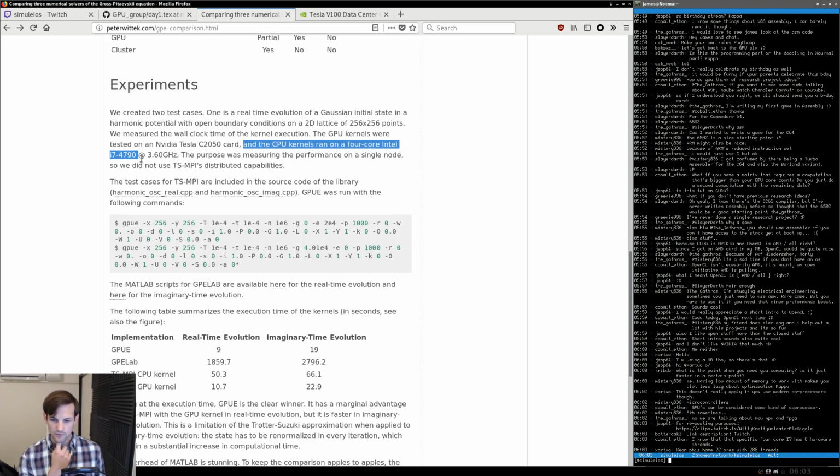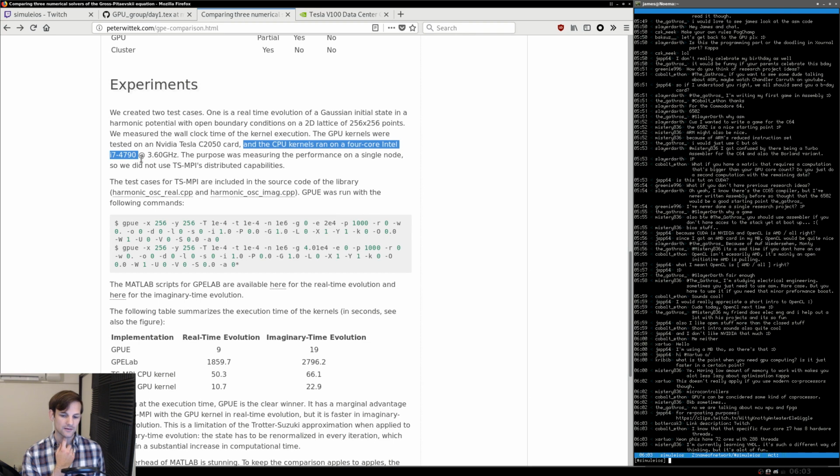Xeon Phis have 72 cores with 288 threads. Correct. But Xeon Phis died. They are dead. Okay, you're right. Xeon Phis could, in principle, compete with GPUs. But practice-wise, they didn't. Xeon Phis had their time to shine, and they just blew up.